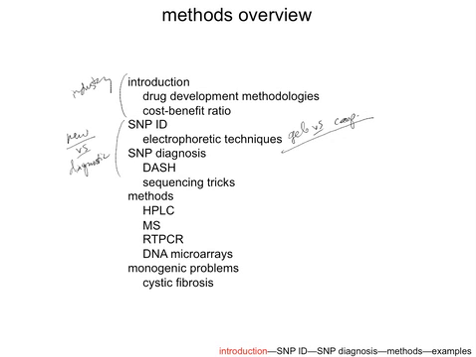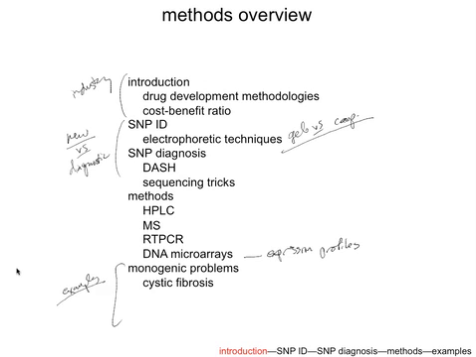But what we're going to see is that I'm going to transition between SNP identification to largely expression profiles. So we'll be looking at DNA microarrays and we'll talk about how these are useful in driving personalized medicine forward. I'm going to be talking about monogenic problems. So let me back up and say that there'll be lots of examples.